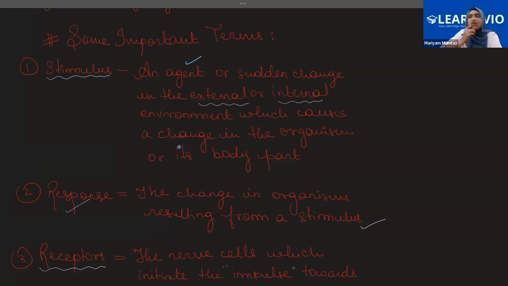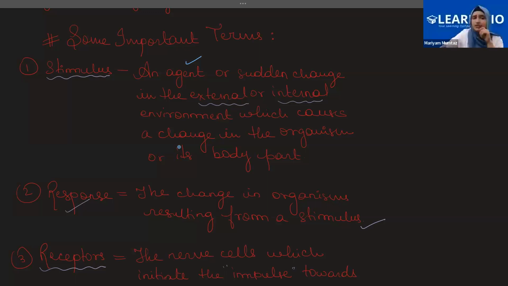So that pat on the back is the stimulus that is being provided to your body. It is the external stimulus. Now, the stimulus can be external in origin or it can be internal also. It depends.